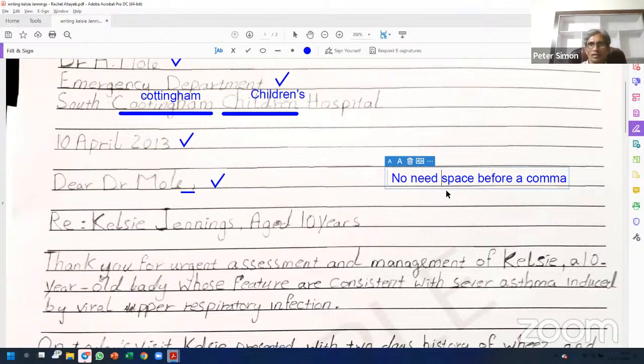So we can say unnecessary space before a comma.